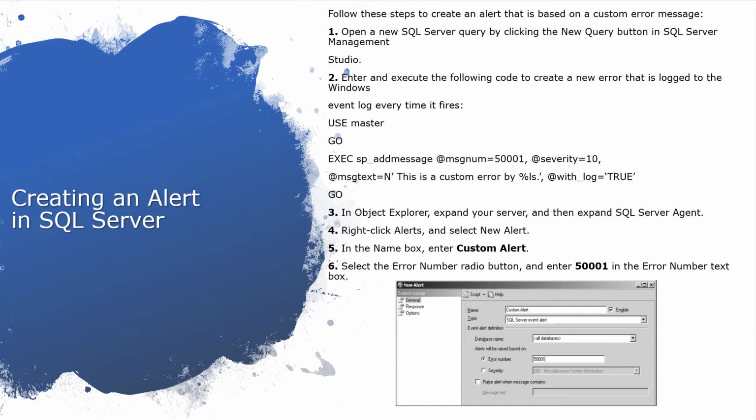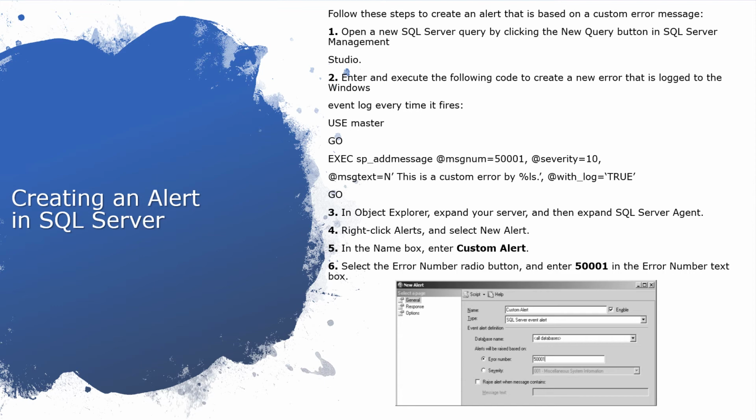Enter and execute the following code to create the new error that is logged to the Windows event log every time it fires: use master go execute sp_addmessage @msgnum = 50001, @severity = 10, @msgtext = N'This is a custom error by %ls', @with_log = 'true'. Go.